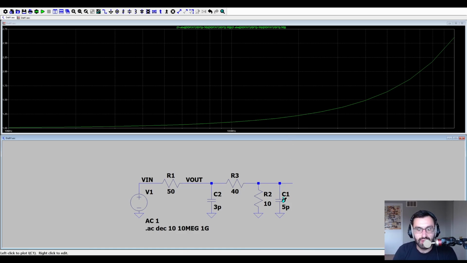And it also isolates this 5 picofarads of the buffer and its associated circuitry behind the divider. So that is in parallel with 10 ohms and not in parallel with the whole 50. And that makes its effect on the overall impedance a lot less. So really, there's only that beginning 3 picofarads to contend with.